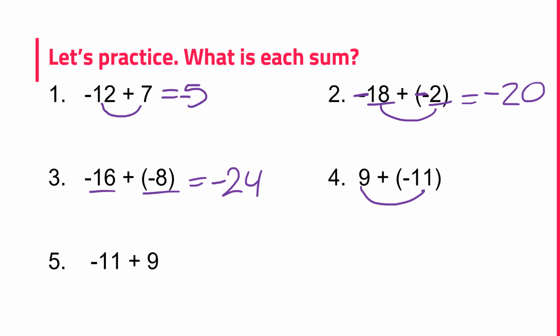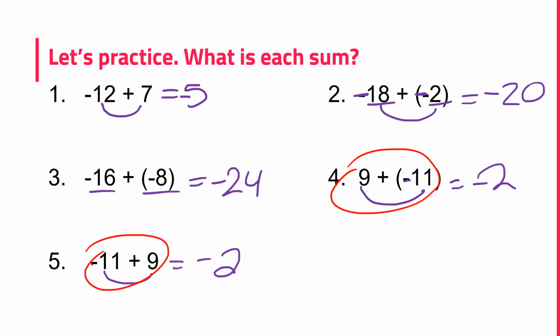Oop, different here. The distance between 9 and 11 is 2. The larger number's negative. The distance between 11 and 9 is 2. And the larger number's negative. Compare those two examples. See how the addition just flipped? That's our commutative property of addition, right?